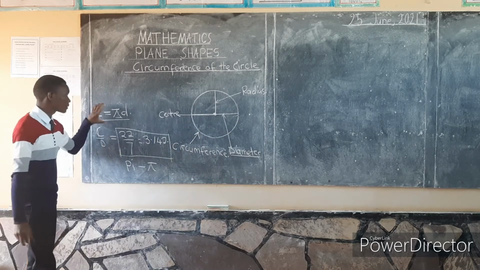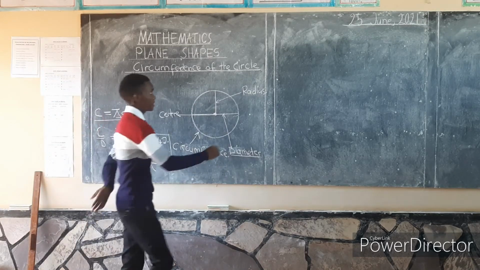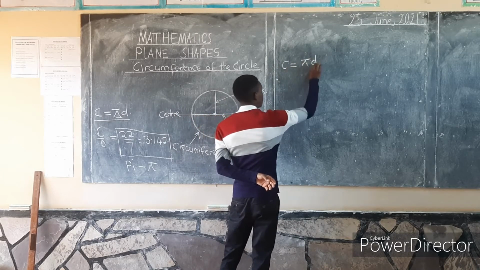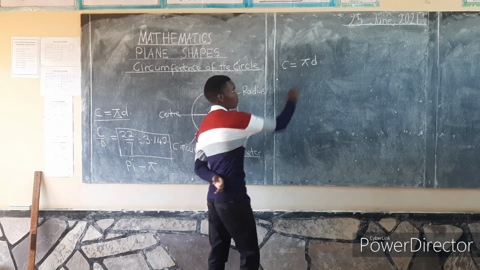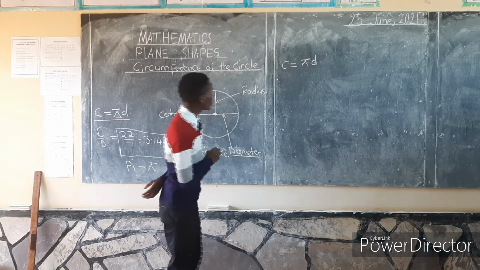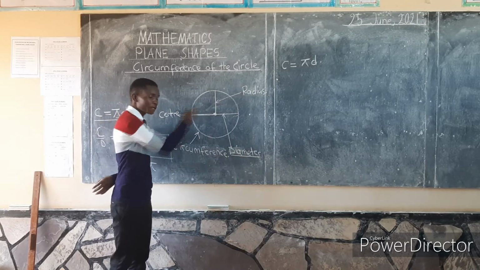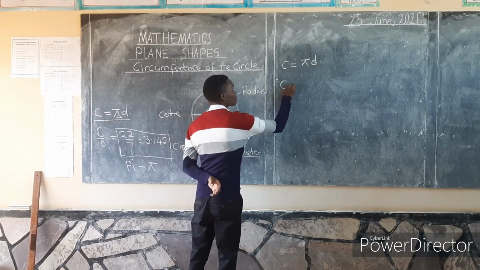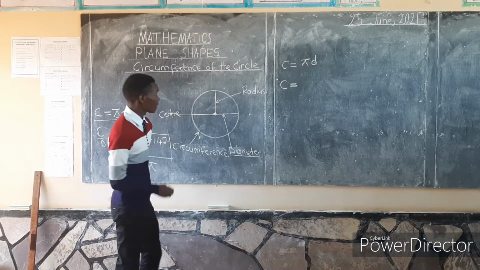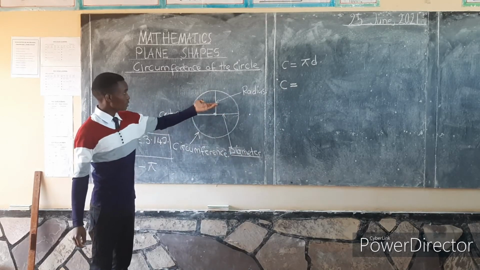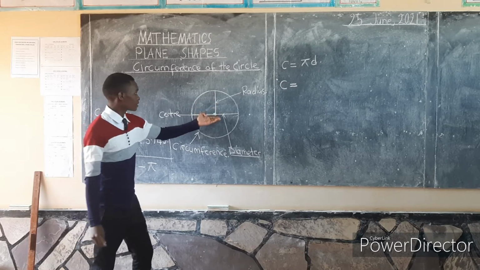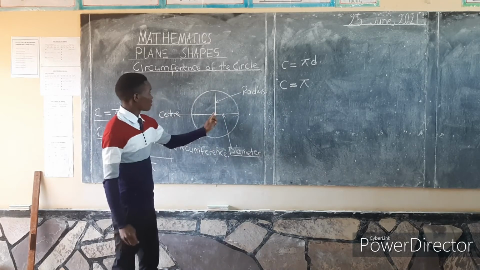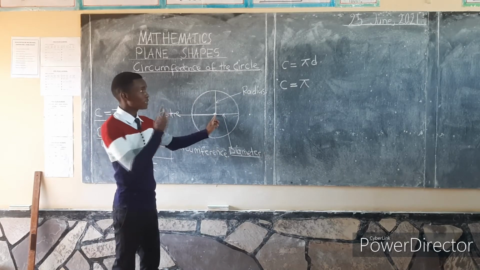So I'll slowly copy this formula here. Circumference is equal to pi d. This is where you've been given the diameter. Now, what about the case where we are given the radius? In that case, the formula is circumference is equal to pi times r plus r, because we have two radius in one diameter.